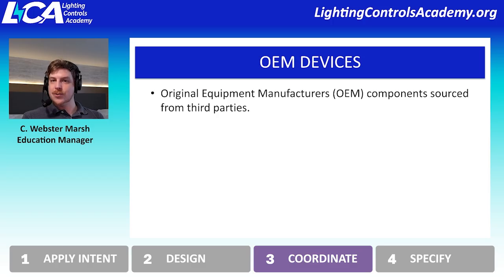So for instance, if I have a triple LC application, I might have that motion sensor that's going to be embedded in the luminaire be from the same manufacturer, or it might be sourced from another manufacturer but still installed in that fixture at the factory of the first manufacturer. So let's say brand X's luminaire has brand Y's sensor in it. Brand Y will ship their sensor to brand X's factory, and brand X will install brand Y's sensor in brand X's fixture at the factory and ship it all as one unit. So that's an example of how OEM can work.